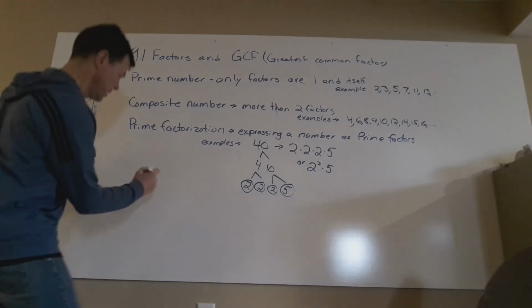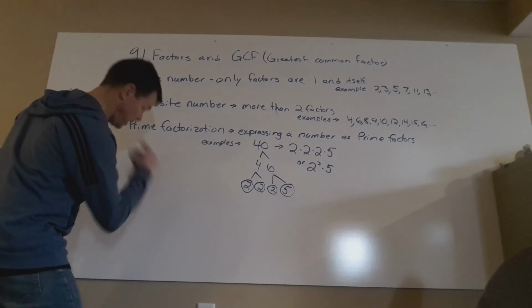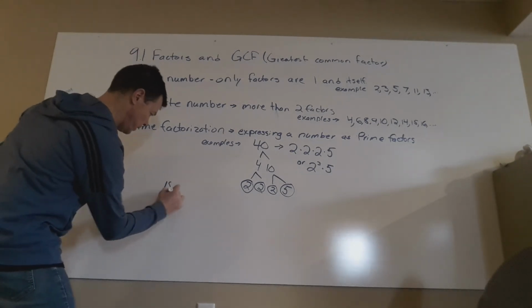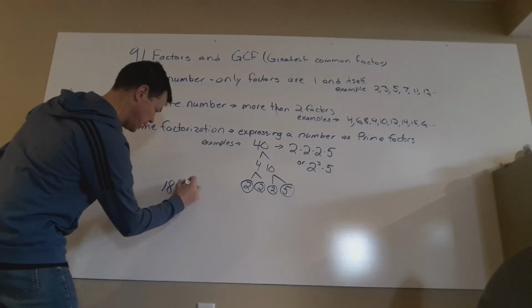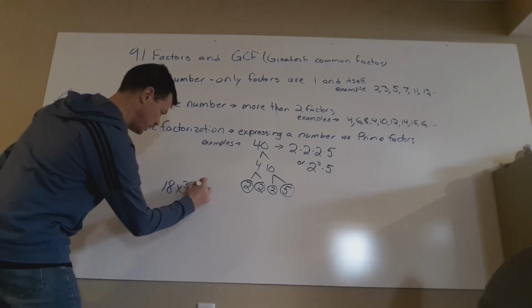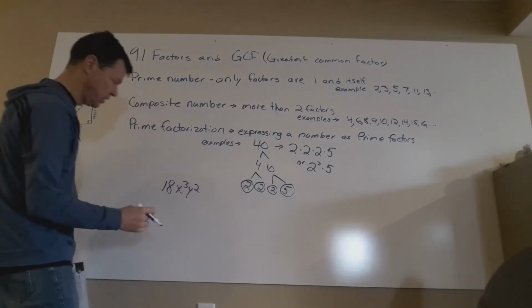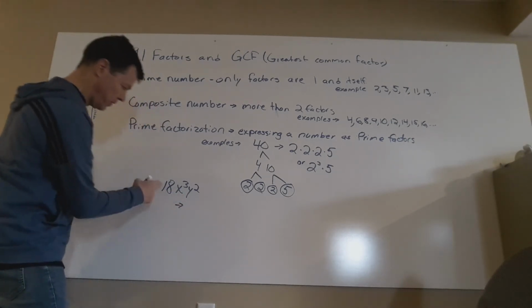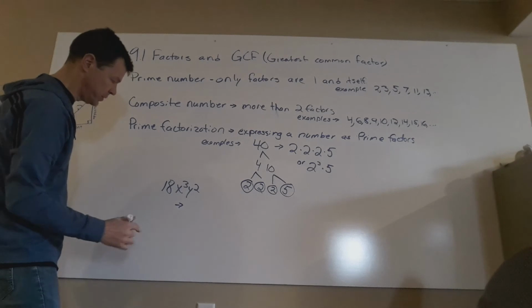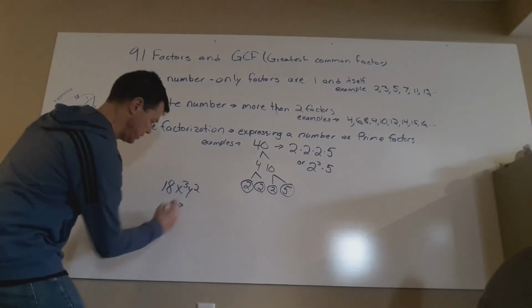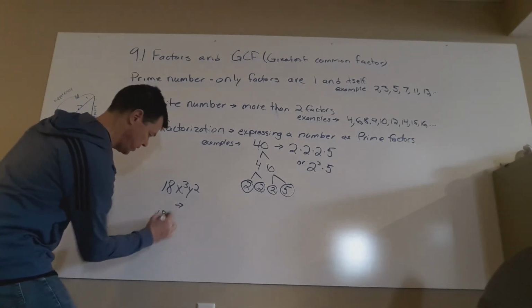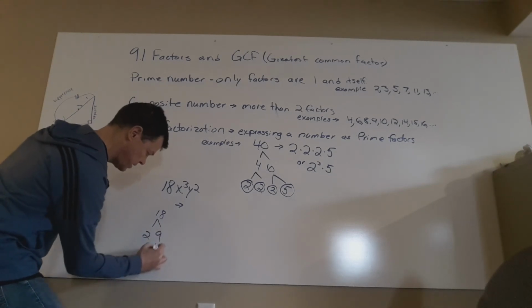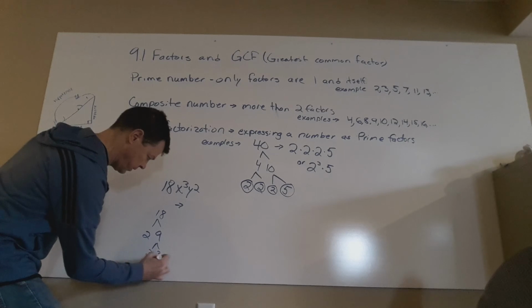If I wanted to express a monomial as factored completely, here's an example for that. Let's say we had 18x cubed y squared. First of all, start with 18, primes of 18. If you're not sure, you can make your factor tree. 2 and 9, 3 and 3.